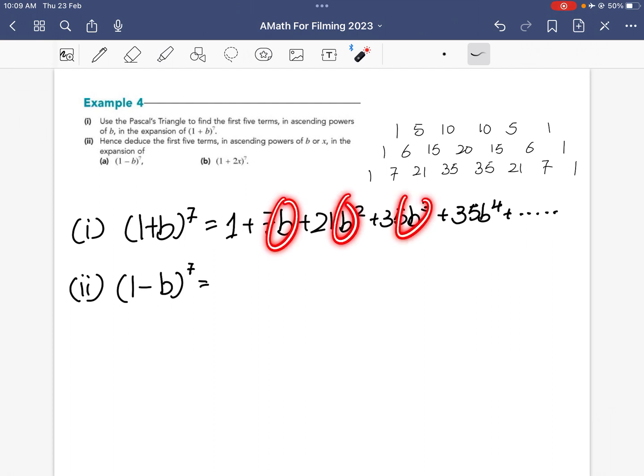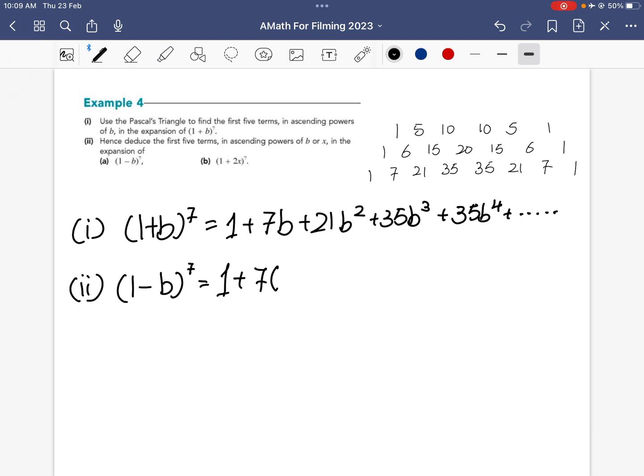So I just need to replace all my b terms with negative b. So what I get is 1 plus 7 times negative b plus 21 times negative b squared. The square comes from here, plus 35 times negative b cubed plus 35 times negative b to the power of 4.